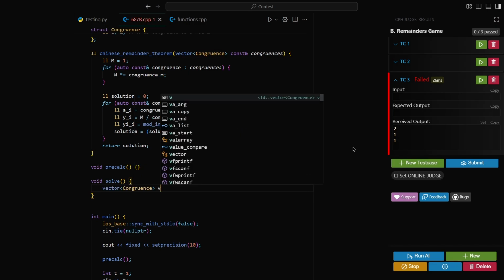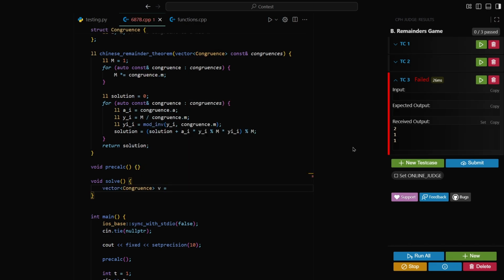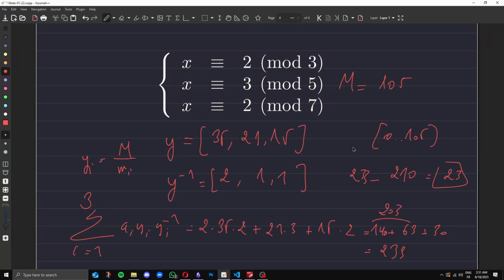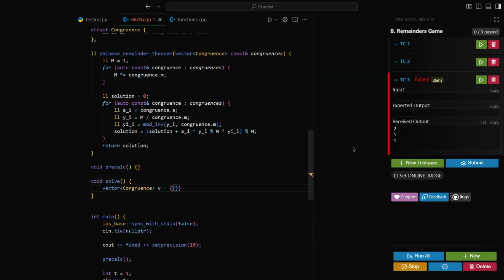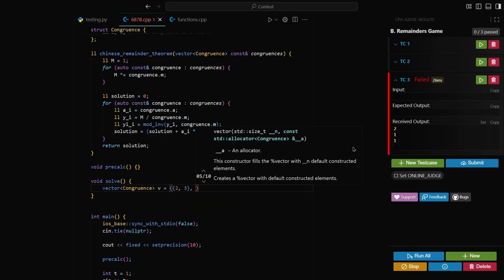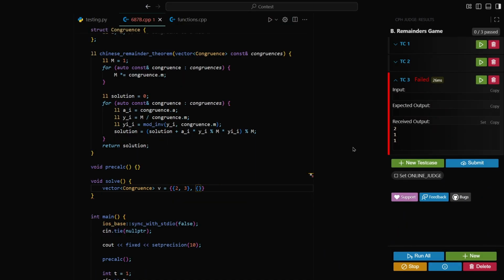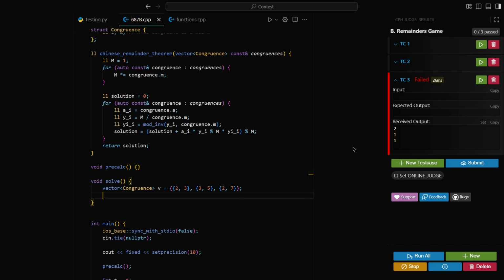Let's call it V. It's going to be equal to, let me do this, just this. 2 mod 3, 3 mod 5, 2 mod 7. I guess that works.